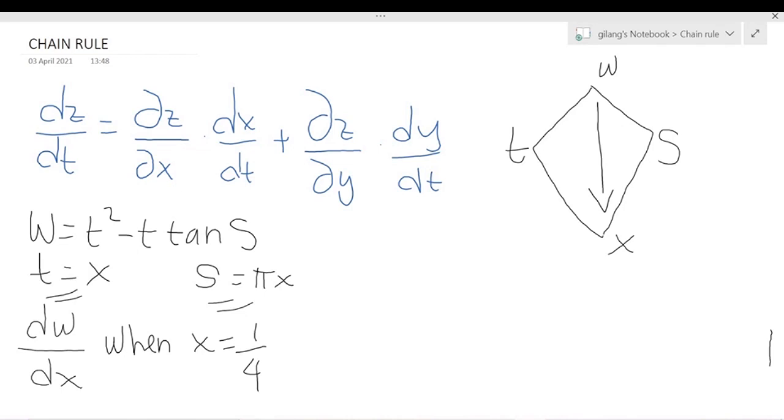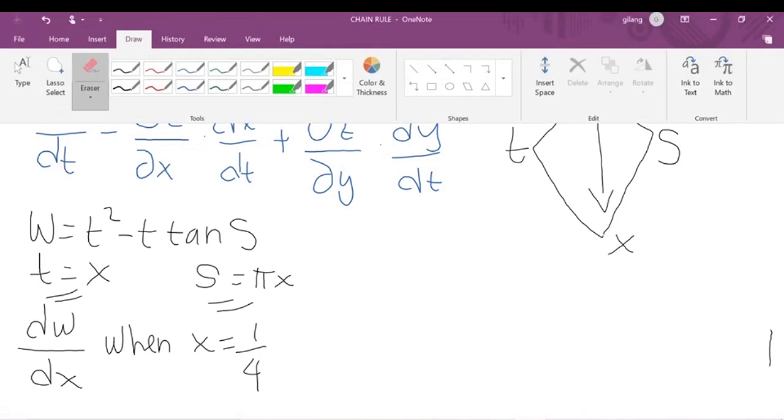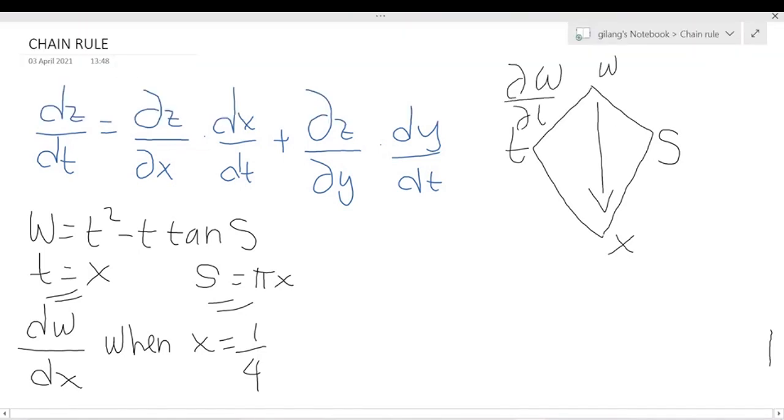From w to t we use the partial derivative of w over t, and from t to x we use dt over dx.